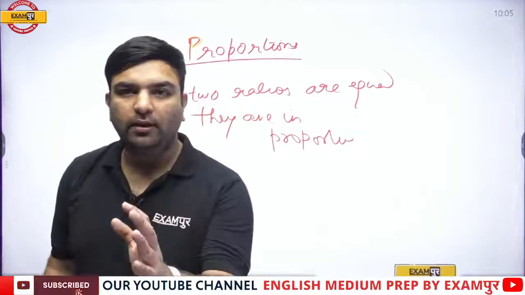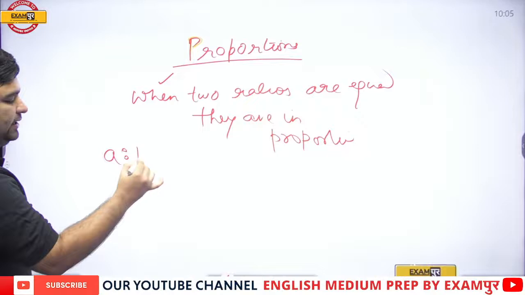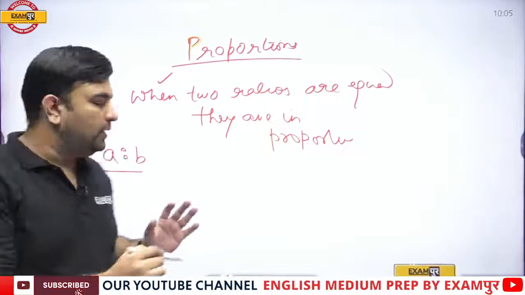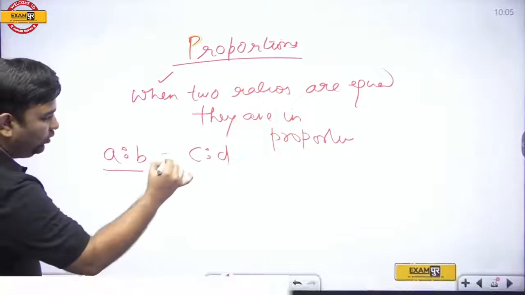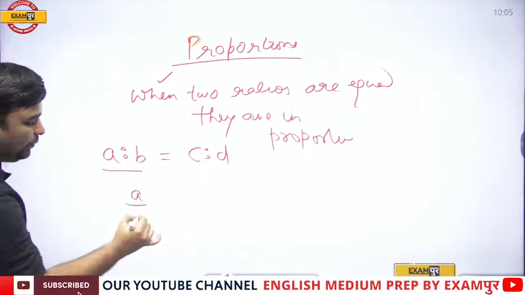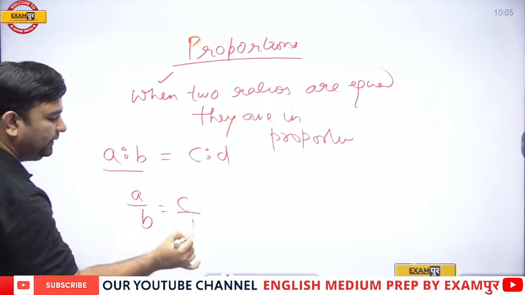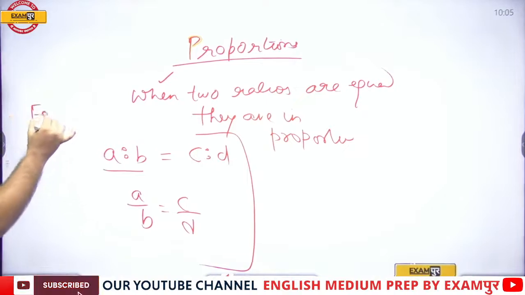When two ratios are equal, they are in proportion. Like A ratio B is one ratio and C ratio D is another ratio. If they are equal, they are in proportion. Like A upon B should be equal to C upon D. So that is the condition for four numbers.